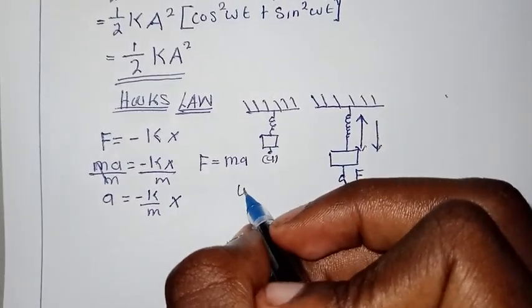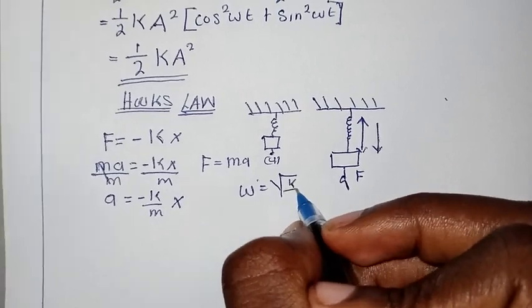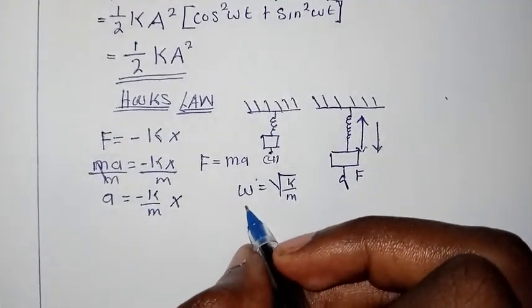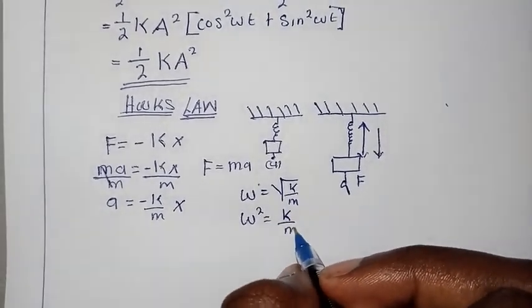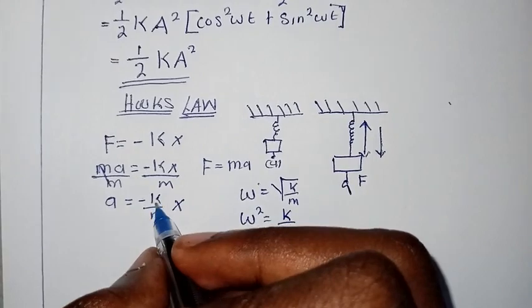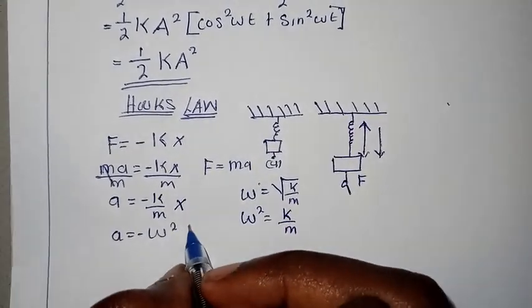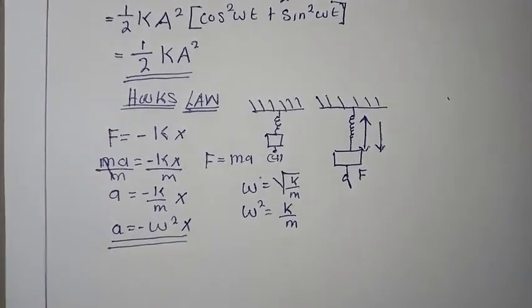We said omega is equal to root of K over M, where M is the mass and K is the spring constant. Therefore, omega squared is equal to K over M. Meaning where there is K over M, I can replace with omega squared and simply deduce the formula for the acceleration.